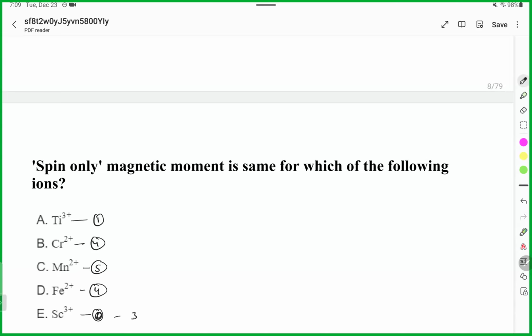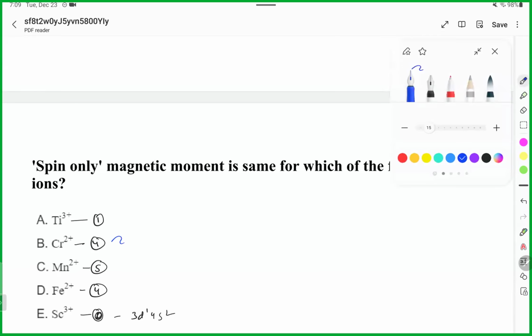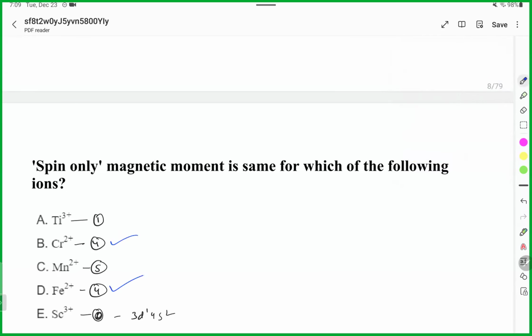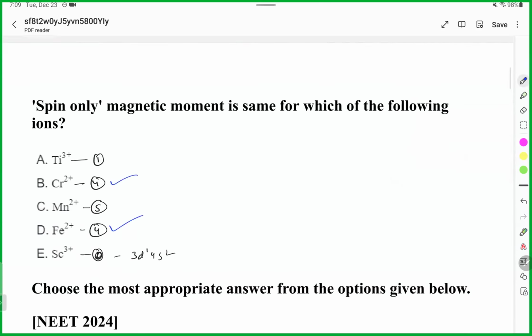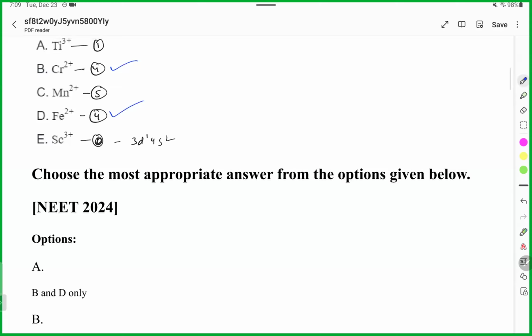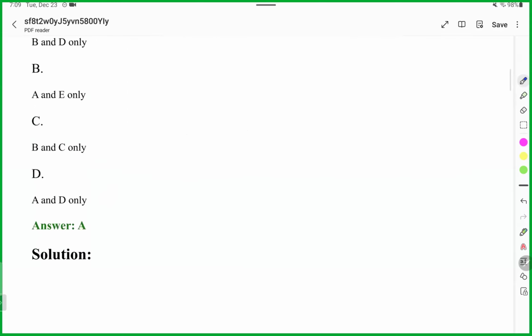Yes. 3d1 4s2, so 0. So what will be the answer? Done. No need to apply formula. Yes or no, guys? Yes sir. So answer will be B and D.